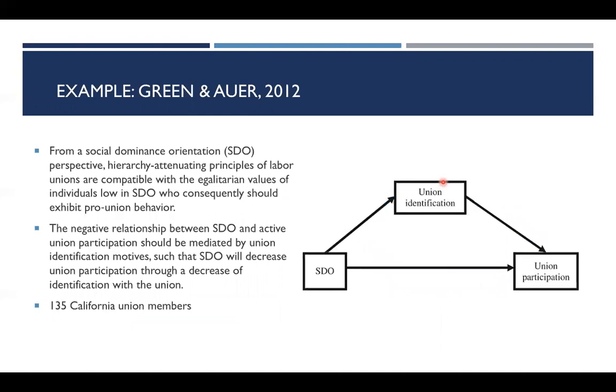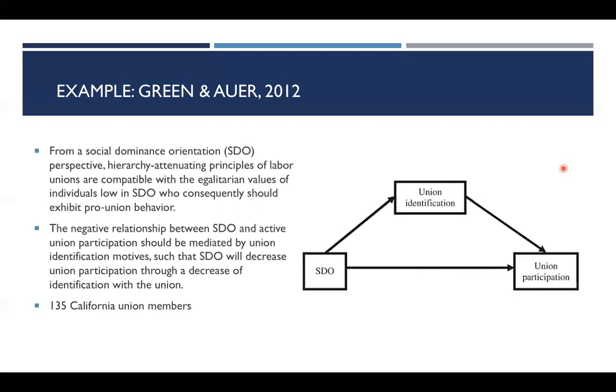So here's an example, and this will be up on Moodle, where they were looking at support for participating in a union based on your social dominance orientation, which is really the idea that you think society should be organized as a hierarchy, and it's a good thing that certain people are in power and others are not, and that people in power need to be and should be in power.